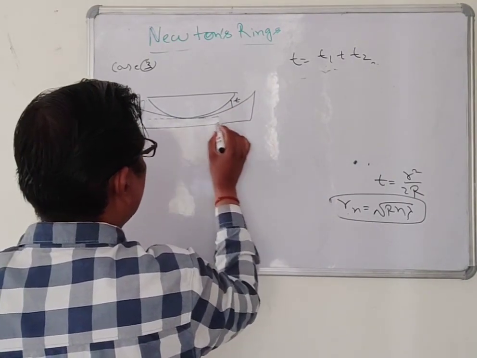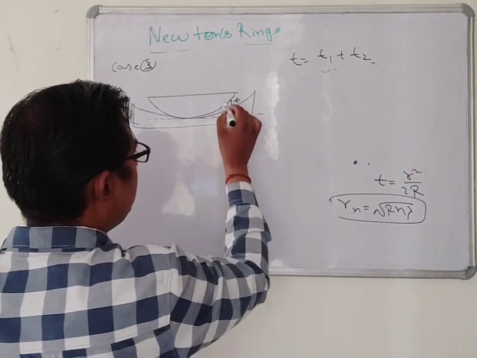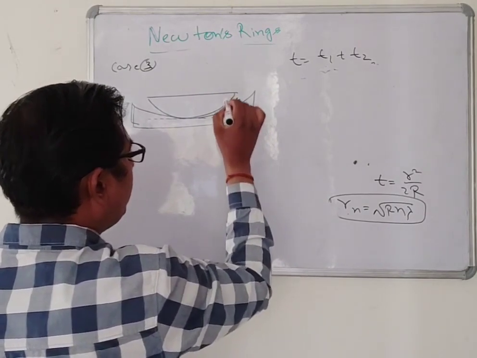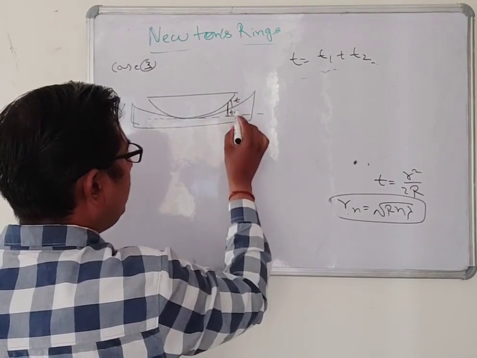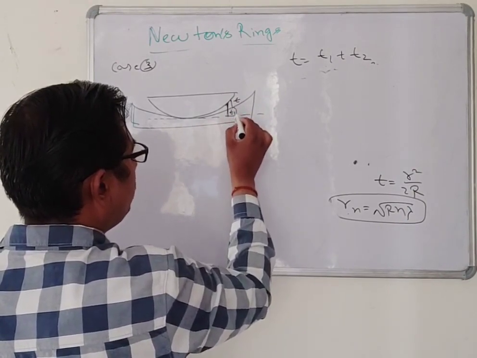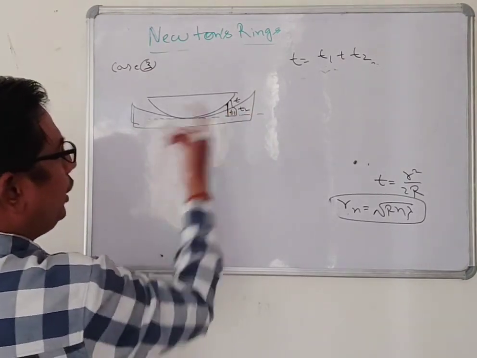These are the normals. This film from here forms T1, and this film forms T2.